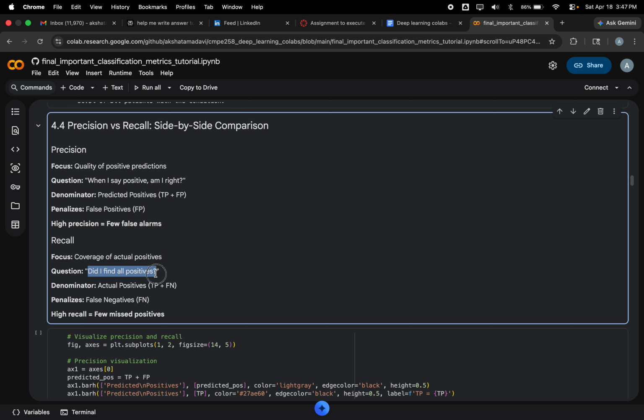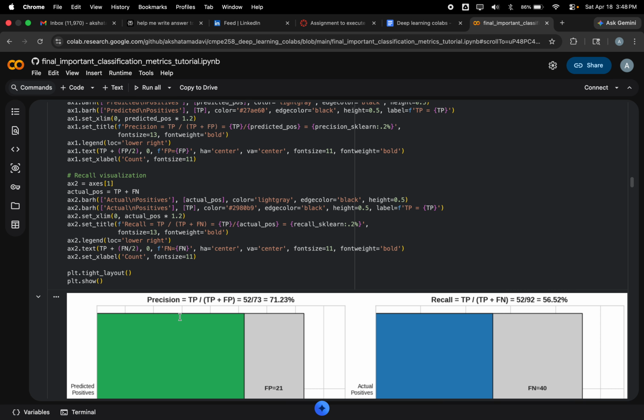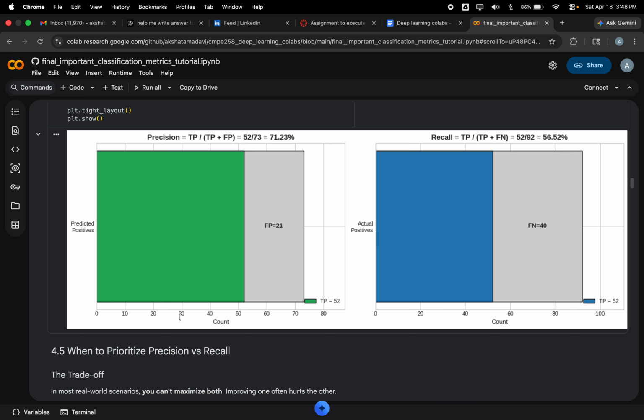Did I find all the positives? It compares with the actual positives and not the predicted positives, and it penalizes false negatives. High recall means few missed positives, and we use it in disease detection, where you don't want to miss positives. For the model which we trained, precision is 71% and recall is 56%.